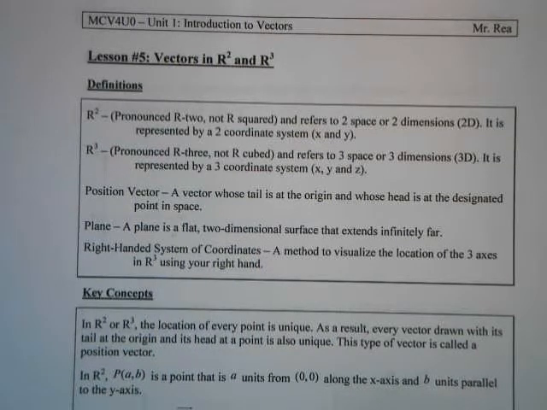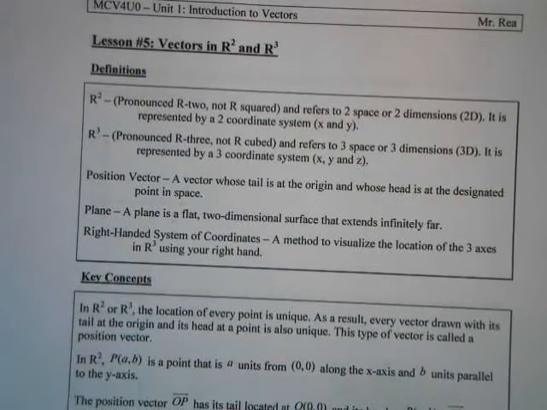Now when we draw planes later on, it's pretty hard to draw a flat surface that extends infinitely far, so we usually depict it as just a rectangular plane, just so you can see some edges and understand what's going on there. And the last thing here, right-handed system of coordinates, and this is a method to visualize the location of the axes.